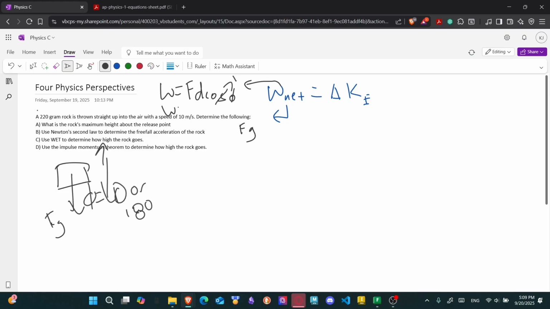So work is equal to Fd. Substituting this in, Fg times d times cosine phi equals the change in kinetic energy. So delta K is K final minus K initial.